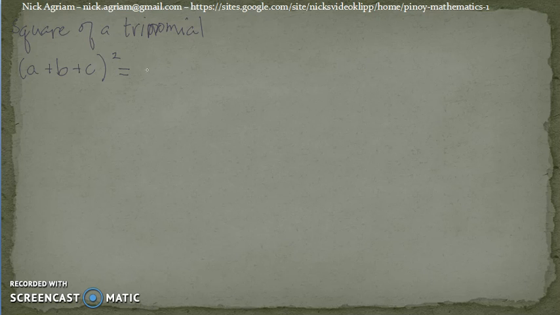As I discussed before, you can express this as (a plus b plus c) multiplied by (a plus b plus c), both in parentheses. Then you multiply the first term, a squared, the first term and the second term, ab, the first term and the third term, ac.